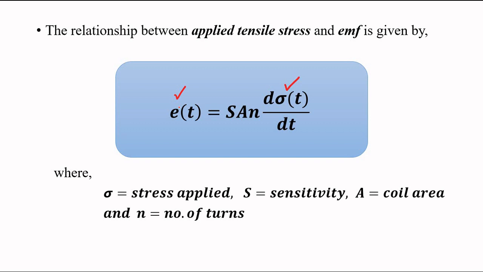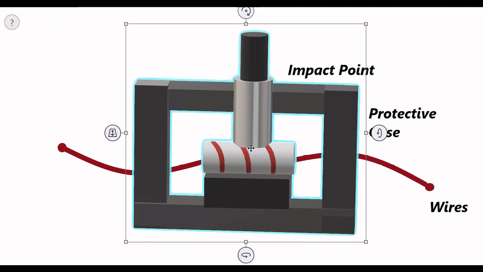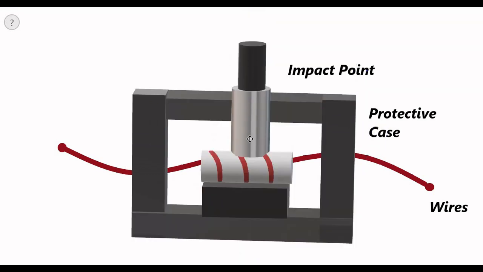Okay, so let us try to understand this from a 3D perspective. Here we have the magnetostrictive force sensor, or pressure sensor, or accelerometer. This whole setup, when it is connected, is subjected to acceleration, whether upwards or downwards.